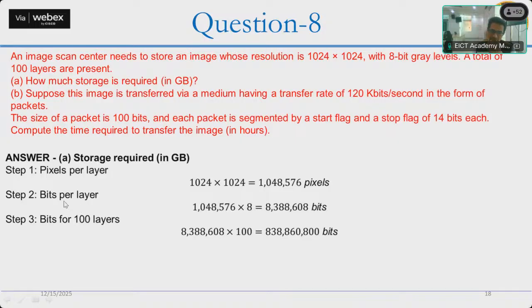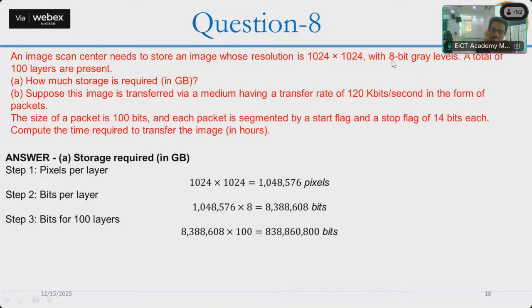The number of bits per layer: each pixel has an 8-bit gray level, so each pixel is represented by 8 bits. 8 bits means 256 gray levels, because 2 raised to the power 8 is 256.